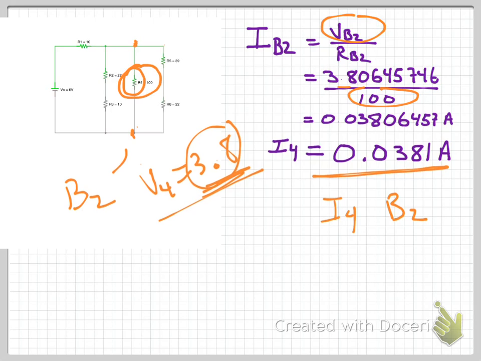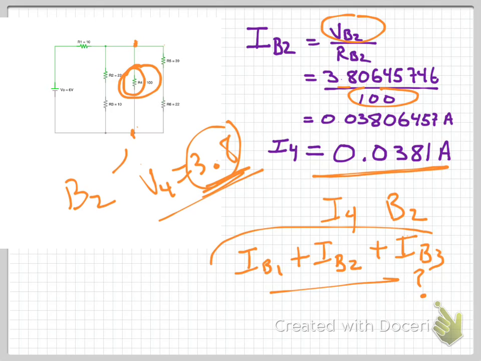So we now know the current of branch 1, and we know the current of branch 2. We haven't calculated branch 3 yet, but you can use the rules. We know that all of these currents of each branch is going to add up to the total current. So we can take the currents of B1 and B2 and then subtract it from the total to give us our B3.